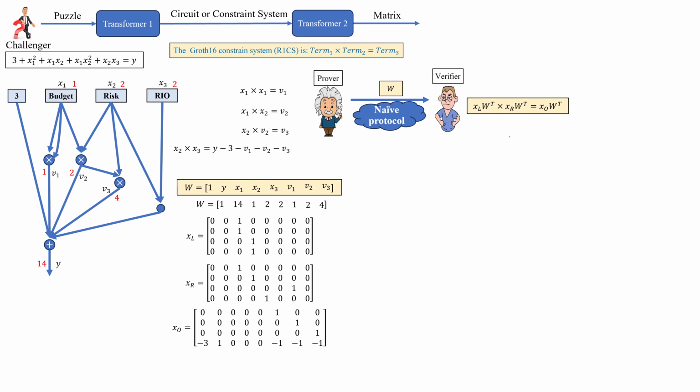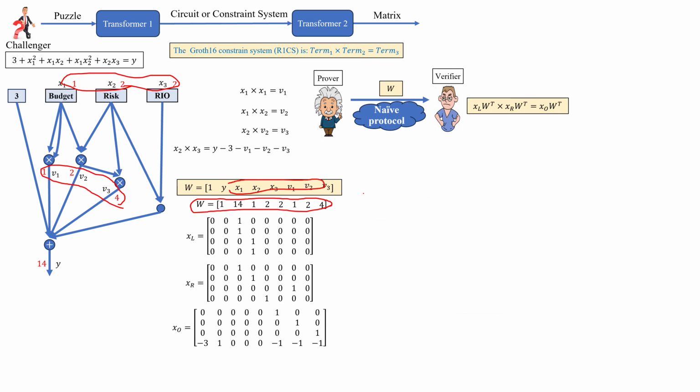So, okay, this is the vector W known by the prover, right? The prover knows this W because the prover knows the input and also intermediate values for V, and then can replace these values.